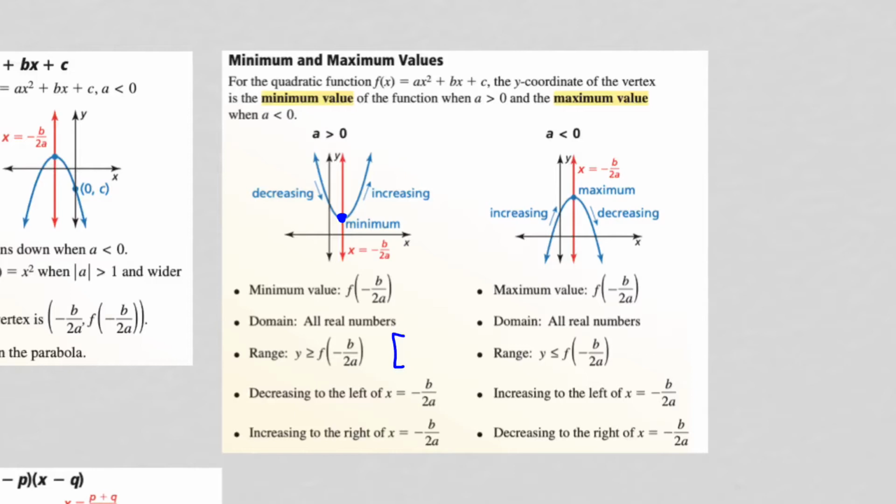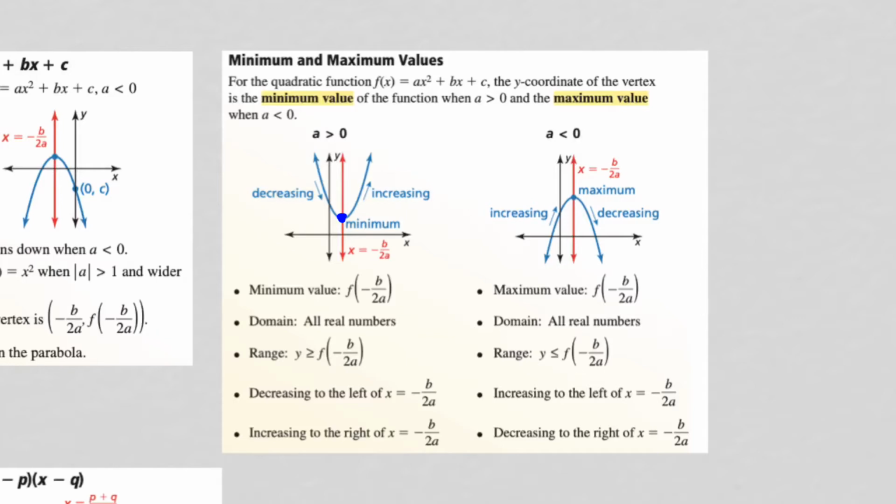It's whatever the y value of your vertex is, and then it will go up to infinity. Or you could just say y is greater than or equal to whatever that y value is of your vertex. And then when it has a maximum, the range is going down forever, so it's negative infinity up until that y value of the maximum. So y would be less than or equal to whatever that y maximum is.